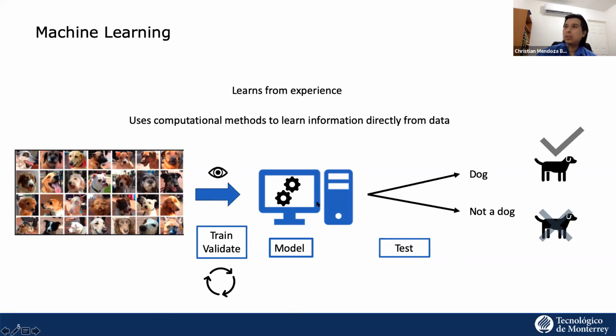And it will tell me, well, yeah, the image does belong to a dog. A dog is shown in the image, or no, there is no dog in the image. So that is the whole idea of machine learning. We learn from experience by sending more images to it, and we use computer methods to learn the features that are important to recognize dogs.